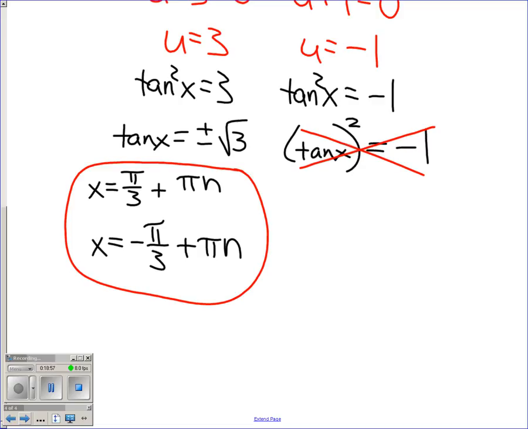Let's take a look at example 5, our last one that we'll do from this set. It says solve 2 sine of theta plus 1 is greater than 0, and again it says a particular interval for theta between 0, including 0, up to 2 pi, not including the 2 pi.